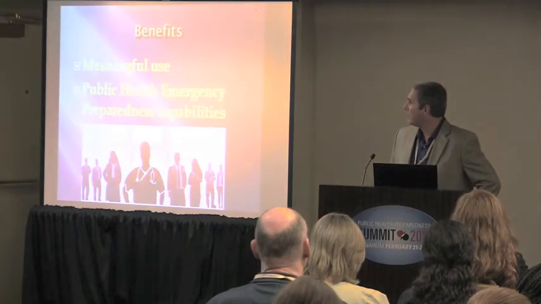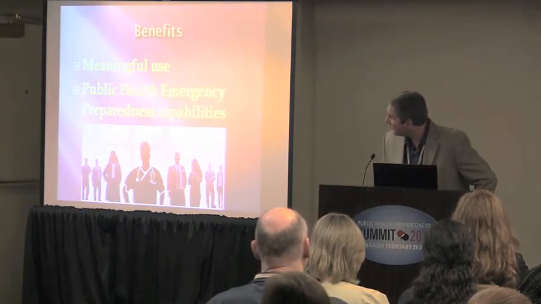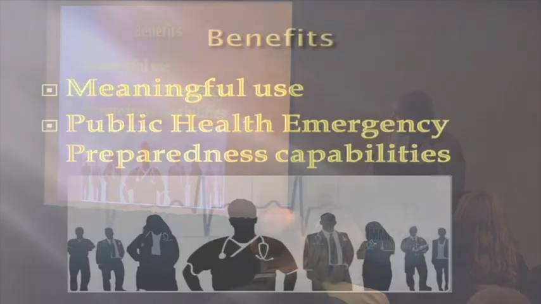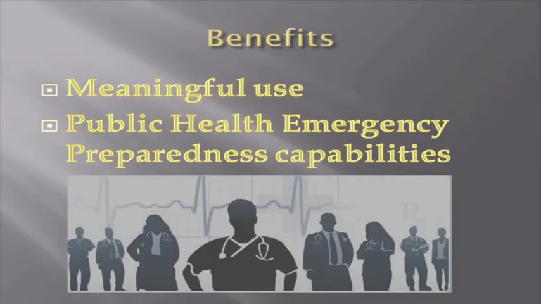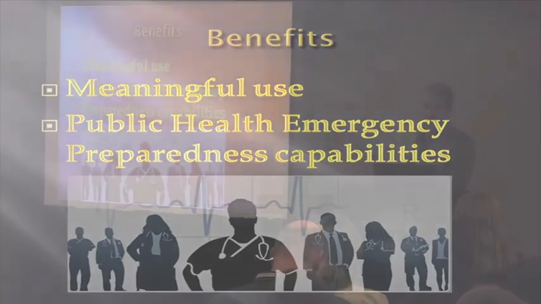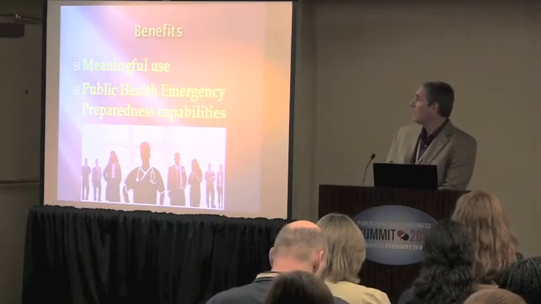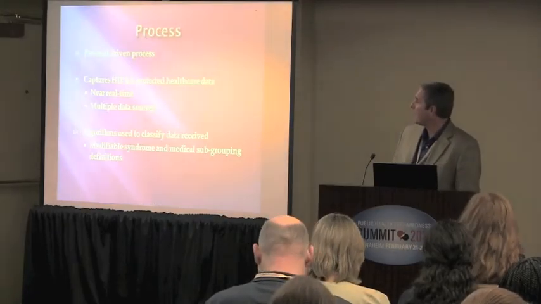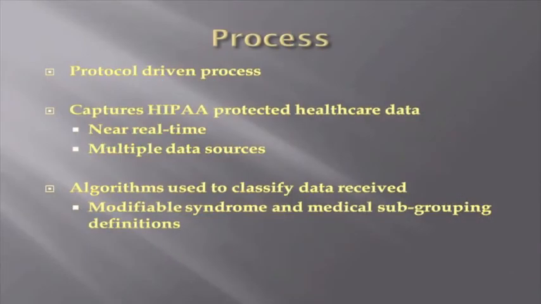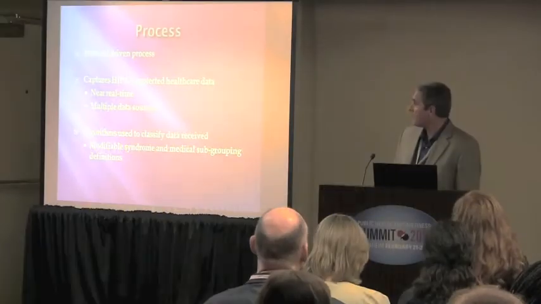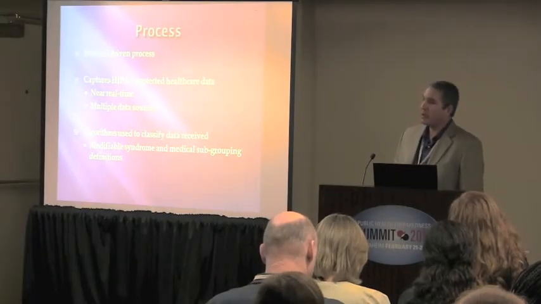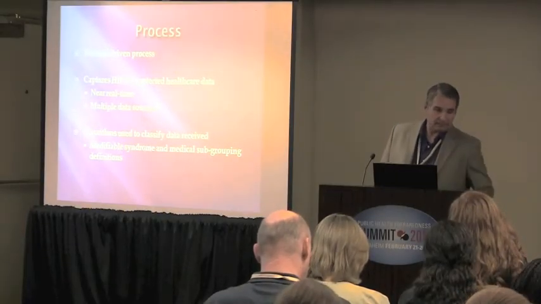Most of you know that there's fiscal issues, that you can actually get reimbursed as a hospital for trying to hit these meaningful use concepts. And syndromic surveillance is one of them. The other is public health emergency preparedness. That capability 13 specifically mentions syndromic surveillance, and actually some of the surveillance components link up with other PHEP capabilities.